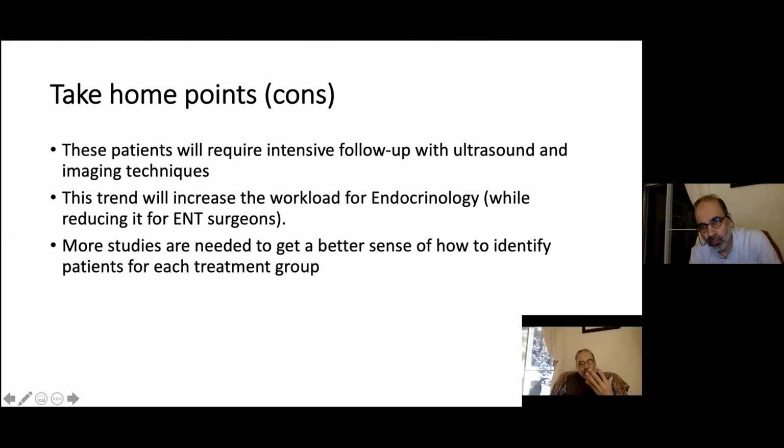So it's hard to discharge these patients back to their primary care practitioners. And this will reduce the workload for surgeons, but increase the workload for endocrinology. And I think that we need more studies to better define which group we should treat with which particular type of strategy.